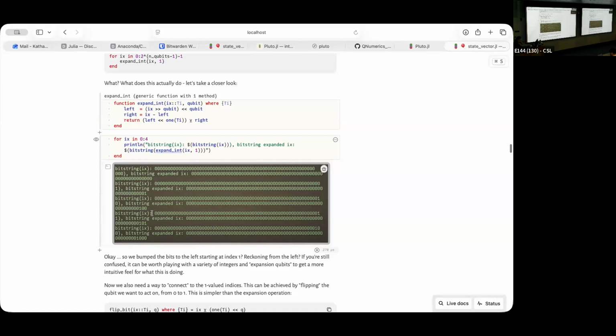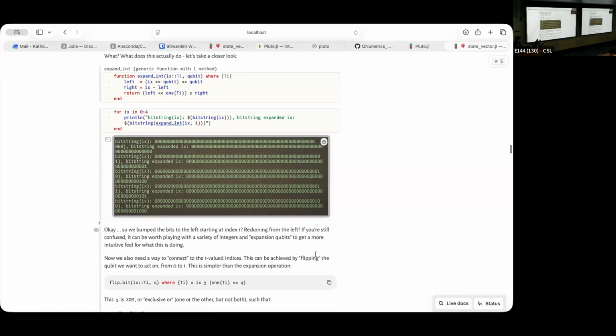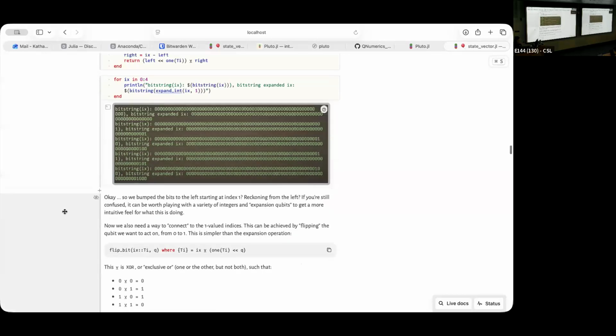And similarly for 3, I go from 1, 1 to 1, 0, 1, which is 5. Sorry about the rendering here. And similarly with the bottom one, 4, I go from 4 to 6. So effectively all the bits that were at position 1 or to the left of it are bumped over left by 1.